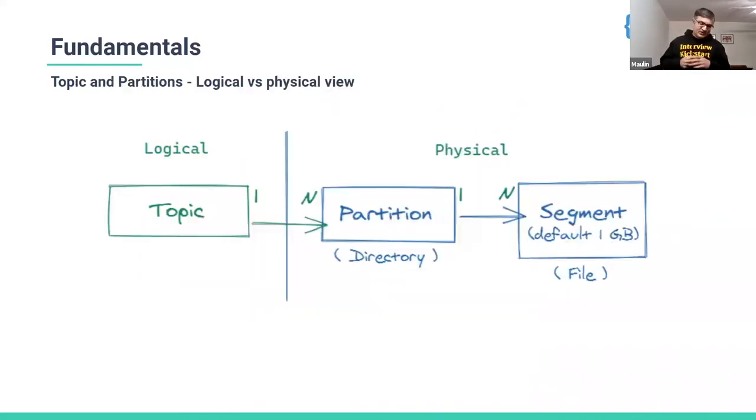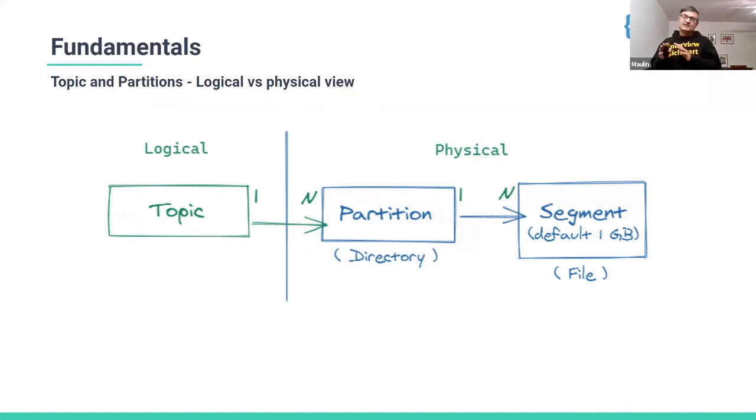So let's talk about how Kafka organizes your data. It allows you to organize your data in a logical abstraction called a topic. You can create different topics for different kinds of data, like a user.login topic for login related events, and a payments topic for payment related events maybe.